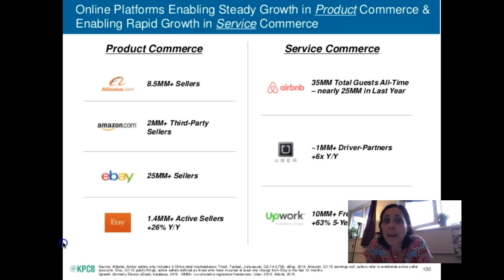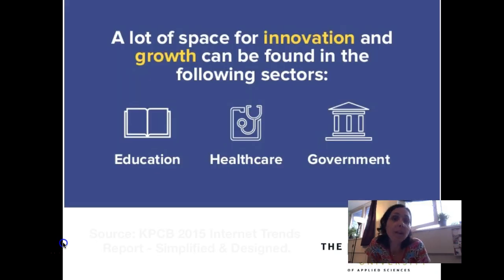Online platforms are enabling steady growth in product and services. So this module and e-business in general is relevant to both products, so tangible things that you can hold, and services as well. There's a lot of space for innovation and growth in education, healthcare, and government, are 3 areas.